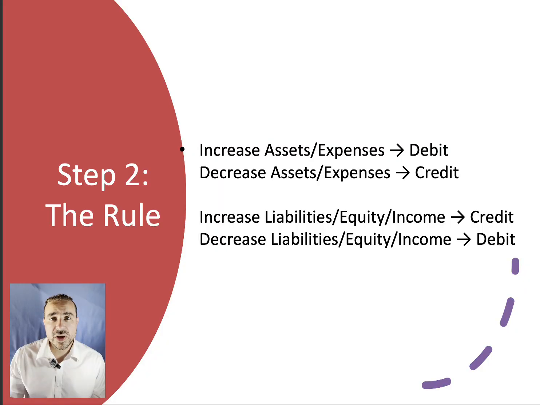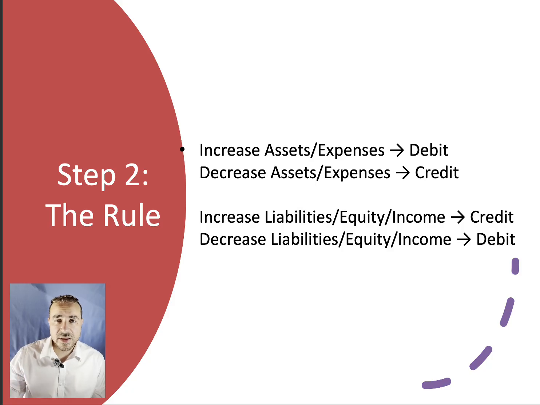If we want to increase the assets or the expenses, for example, we buy new equipment, this equipment will increase the asset side, so we put it in the debit, not the credit. If we want to decrease the assets or the expenses, we put it in the credit side.